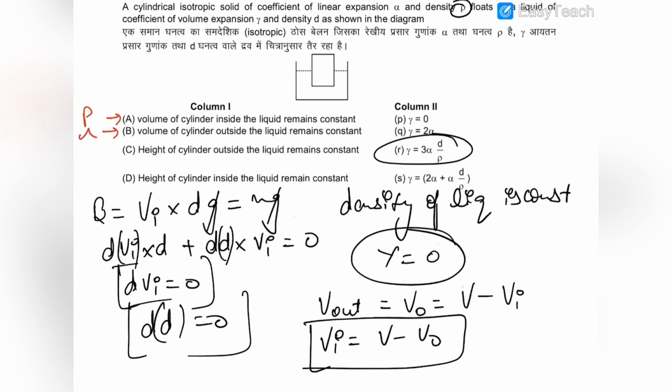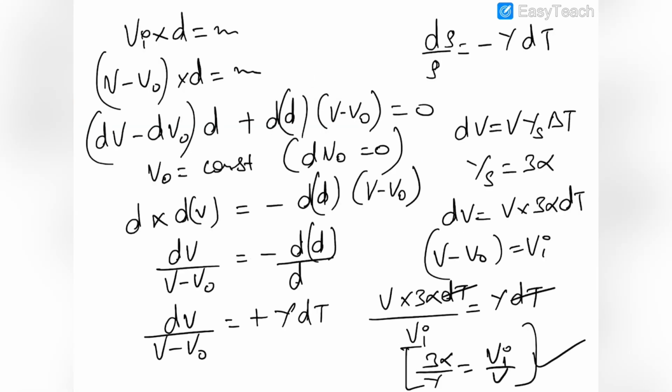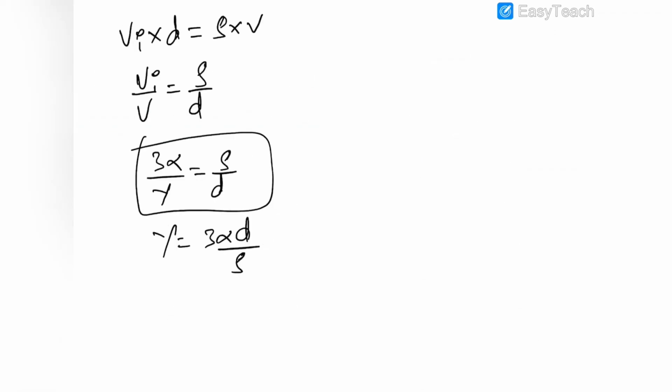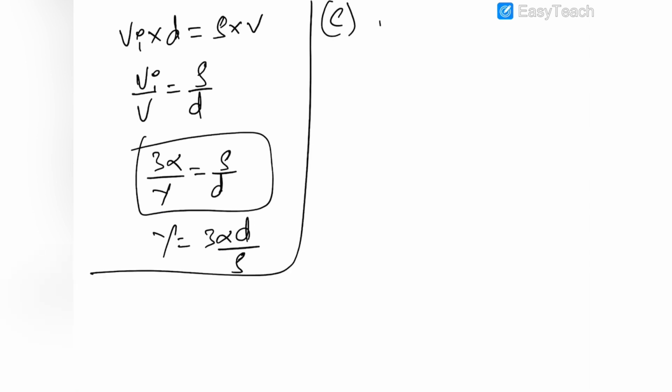Now in the third case, the height of cylinder outside the liquid should remain constant. So in the third case, part C, H0 should remain constant.